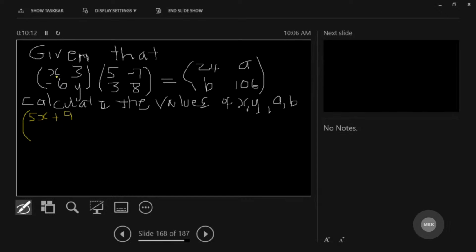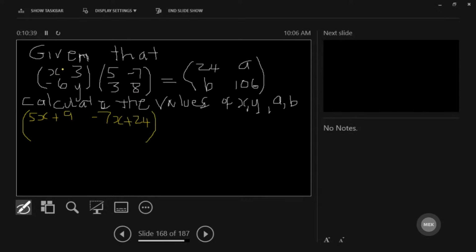Then x times negative 7, which is negative 7x, and 3 times 8, which is 24. So that's a positive 24. So that's the first set. So remember, it's row by column, row by column. So x times 5, 3 times 3, x times negative 7, 3 times 8.